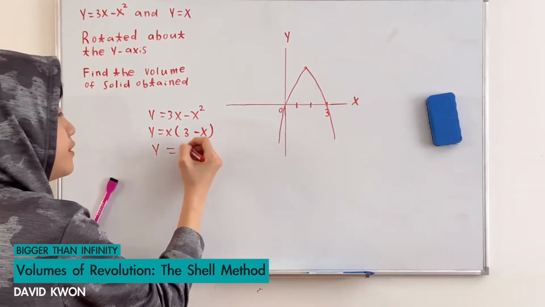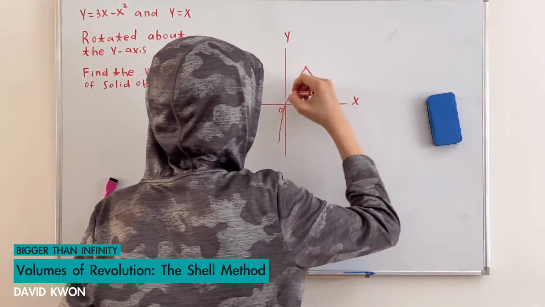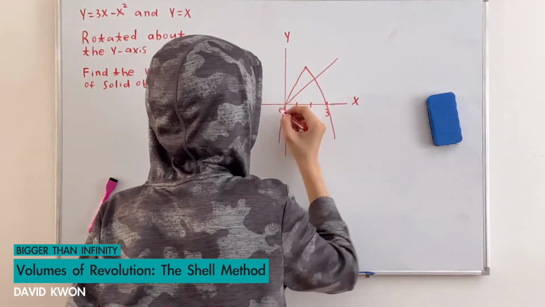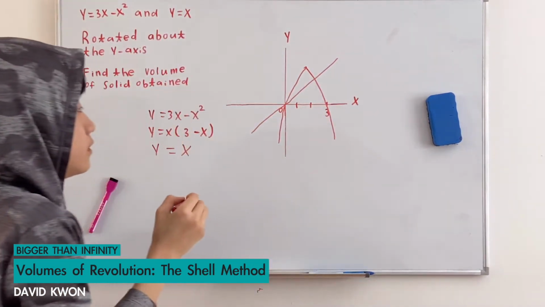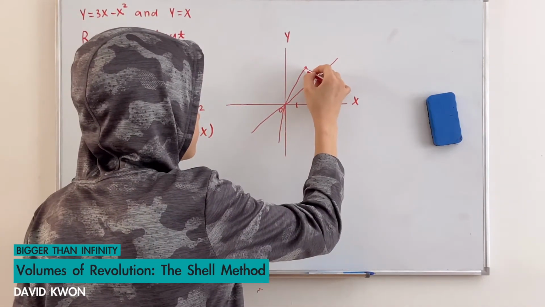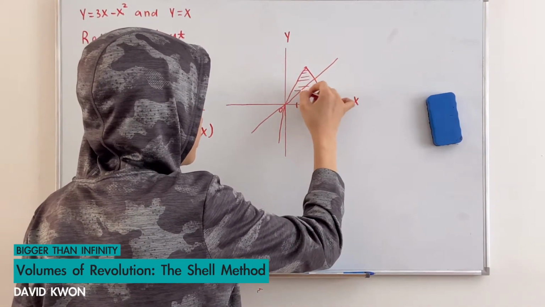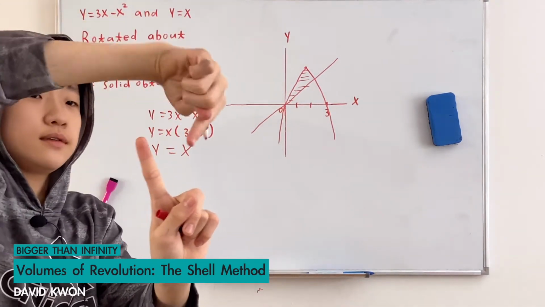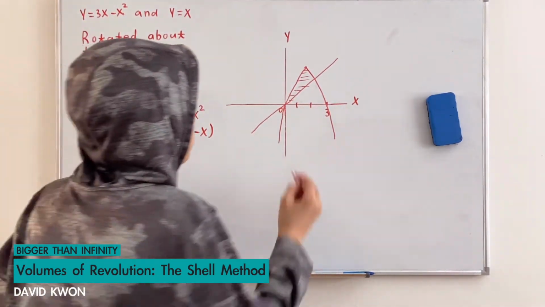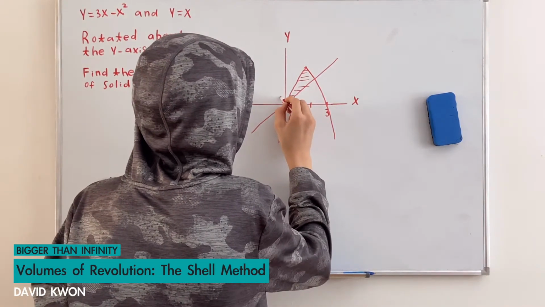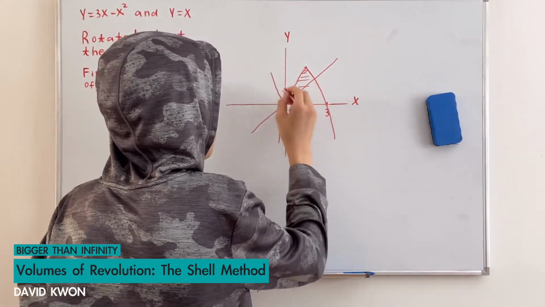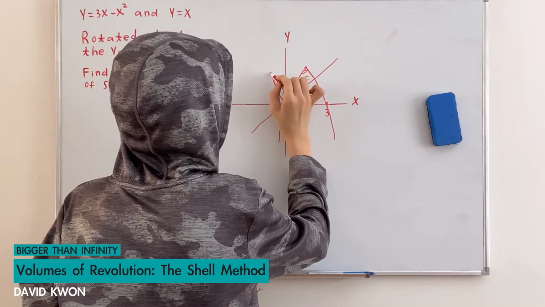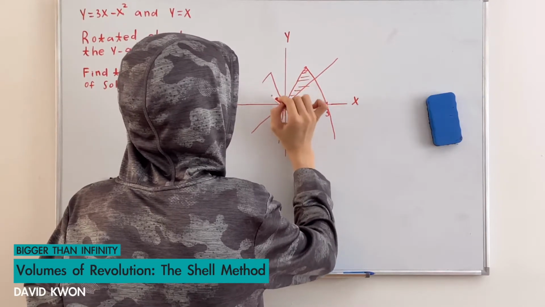That is a very simple drawing, just a straight line, like so. Okay, so this shaded area, we are going to rotate around the y-axis. To visualize it better, I will draw another version of this shaded portion here as well.